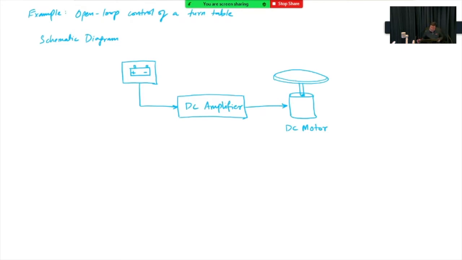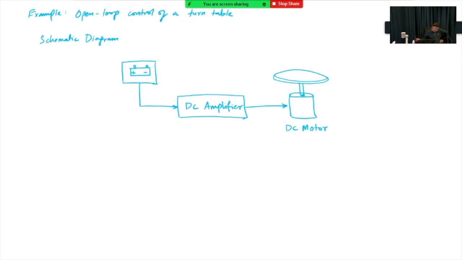So there's a turntable on top of a motor, and you want to turn it to a certain point. So that means there's a certain angle that you want to turn the table. Again, this is a very standard problem that comes in a lot of applications. So when you try to adjust your seats in modern vehicles, there's a button that you press, and then your seat starts reclining, and at a certain point you stop the button, and it just stops.